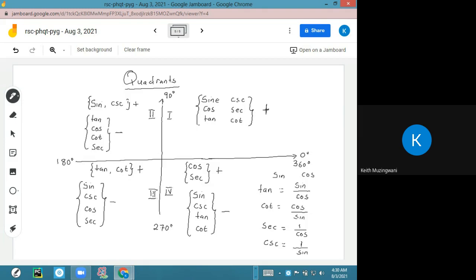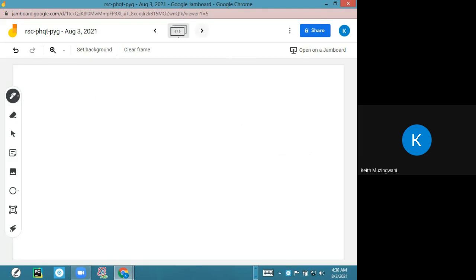So at this point, we can now introduce other terms like the coterminal angles. What angles are these?